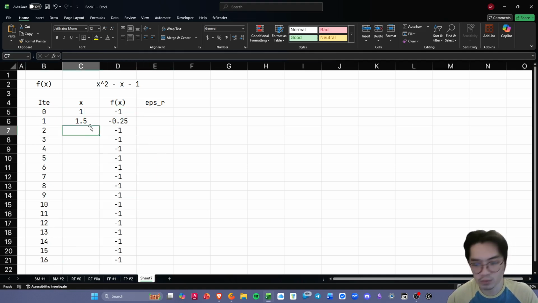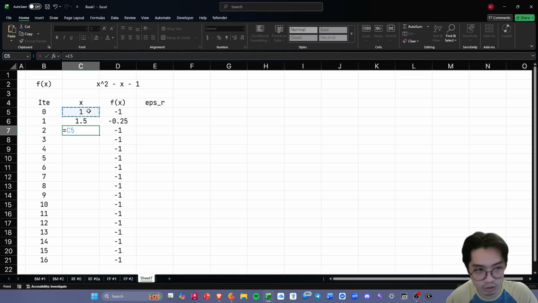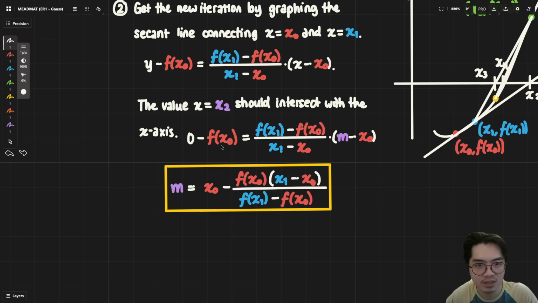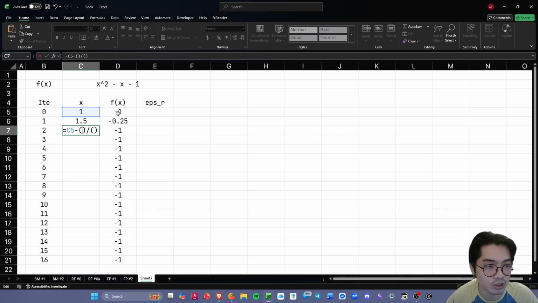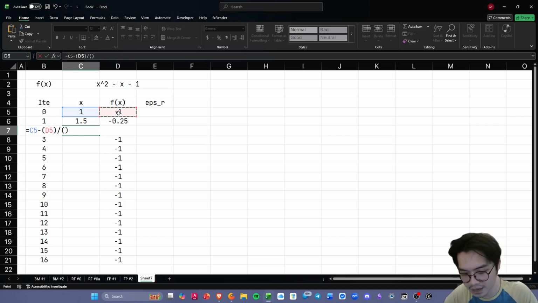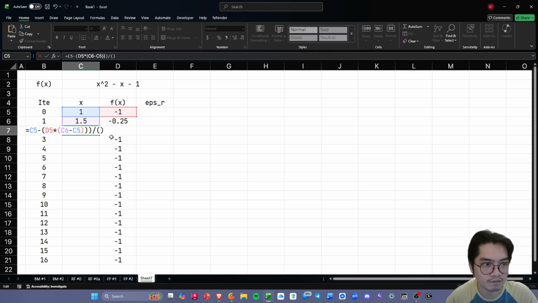And what we will do now for this new value is old minus, and we'll have a giant fraction in here: old times value of old, which is this, times new minus old, all over value of new minus value of old.